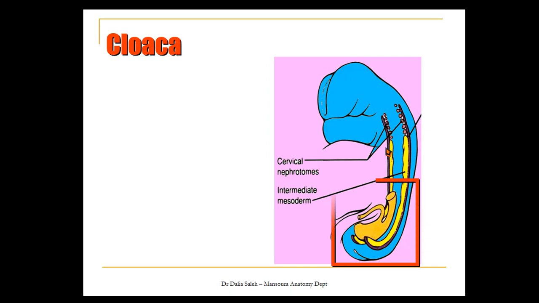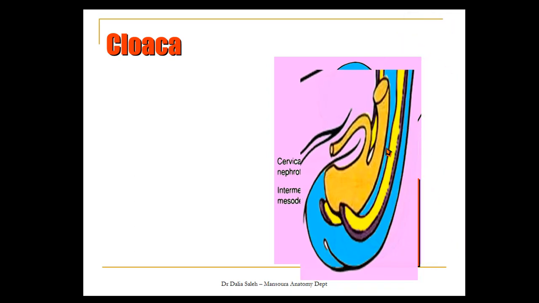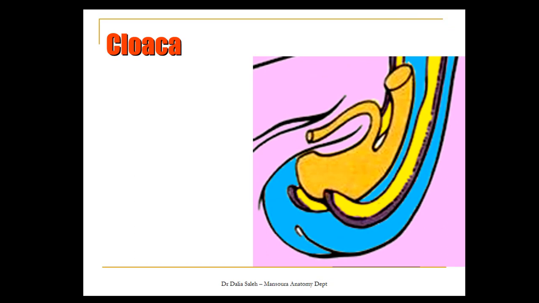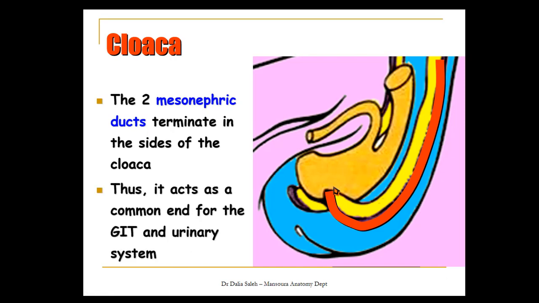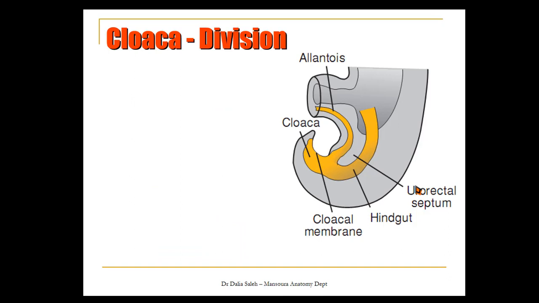If we enlarge this area, we can see the cloaca here, and the two mesonephric ducts, this one on the left side, the other one on the right side, will end at the sides of the cloaca. Also, we can see the termination of the hindgut at the cloaca. Thus, the cloaca acts as a common end for both the GIT and the urinary system.